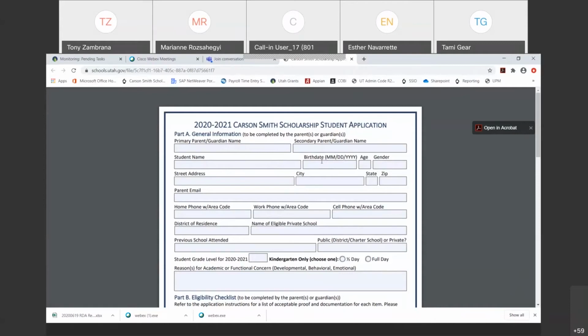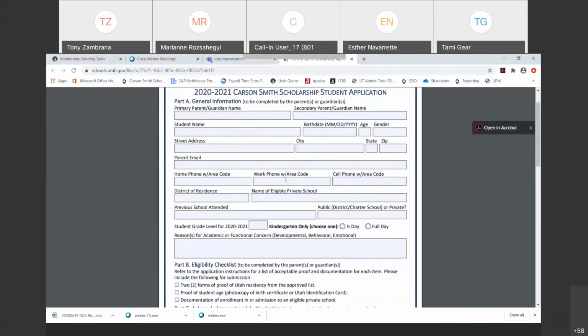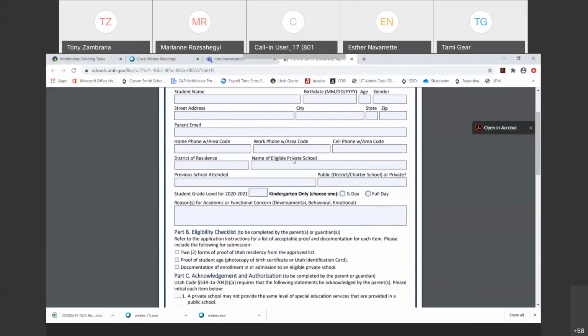If you want to have both parents be able to sign the verifications and the checks and all that, then we need both parents' information and signatures. So that's important to know. Obviously, you want your student's name, birthday, age, gender, street address, and parent email. All this is required information. We need to have this information.